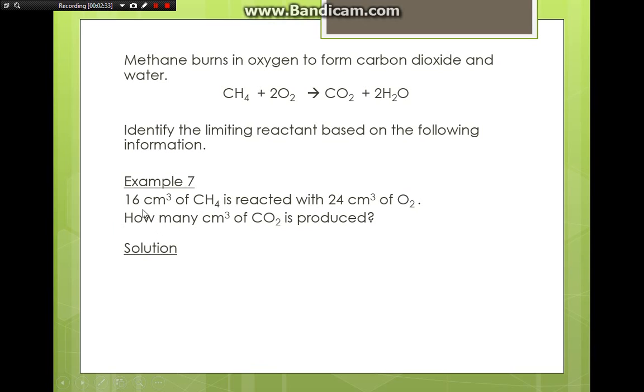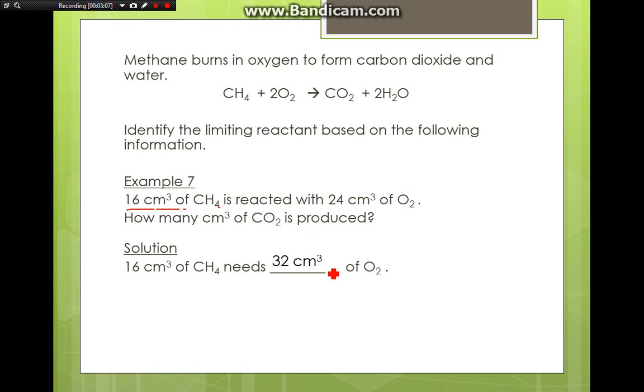So there are gases and we are given volume. We can compare volume directly for gases. We will take the first statement as the basis of comparison. 16 cubic centimeter of CH4, and then we compare to the balanced equation. 16 cubic centimeter will need 32 cubic centimeter of oxygen.